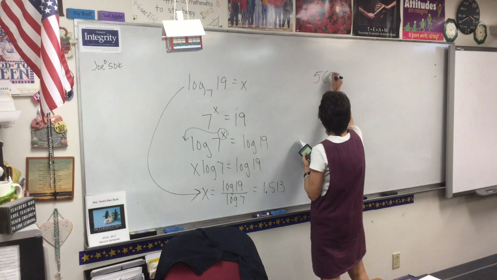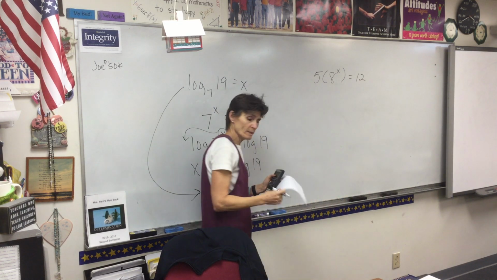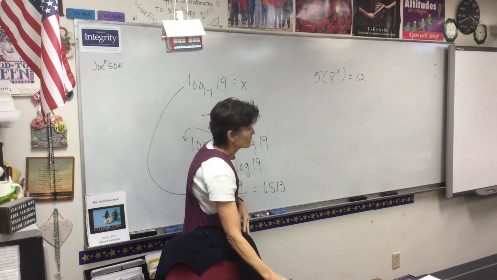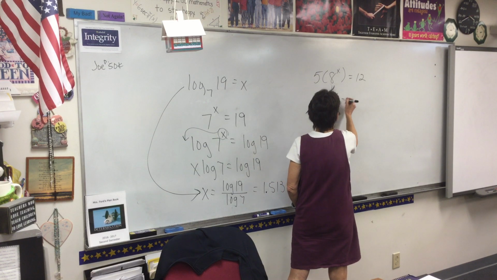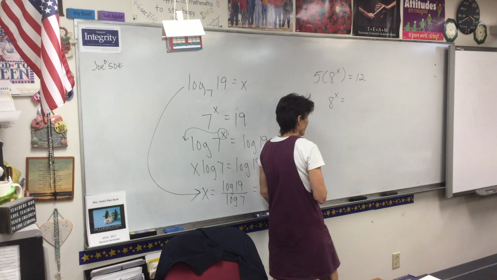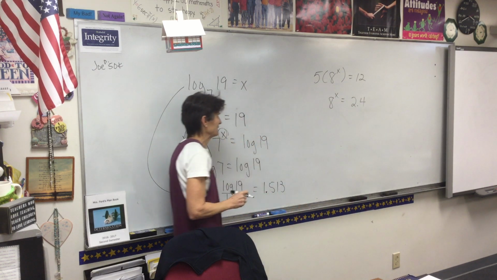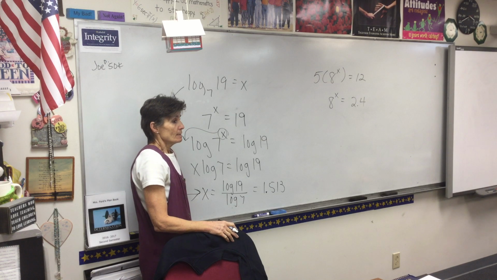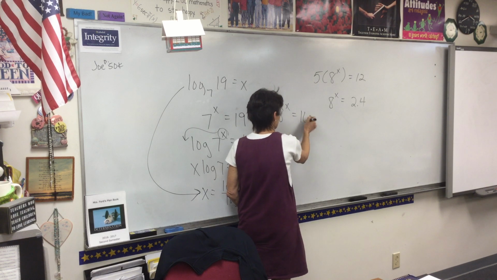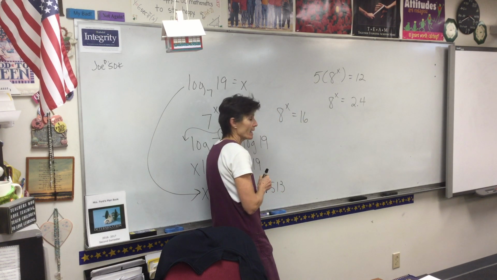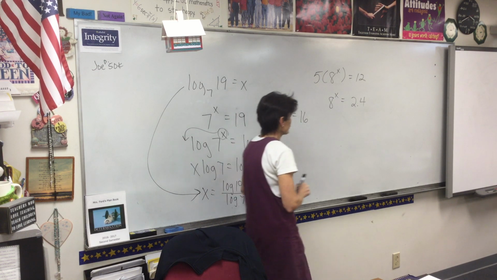All right, so 5 times 8 to the x equals 12. We had one on our quiz that looked kind of like this, but this one's different. First thing we're gonna do is divide by that 5, of course, and 12 over 5 is 2.4, I think. Is that right? Yeah. Now what's different is, on the quiz, we got something like 8 to the x equals 16, and we could change both of these into 2. Well, you're not gonna change these guys.